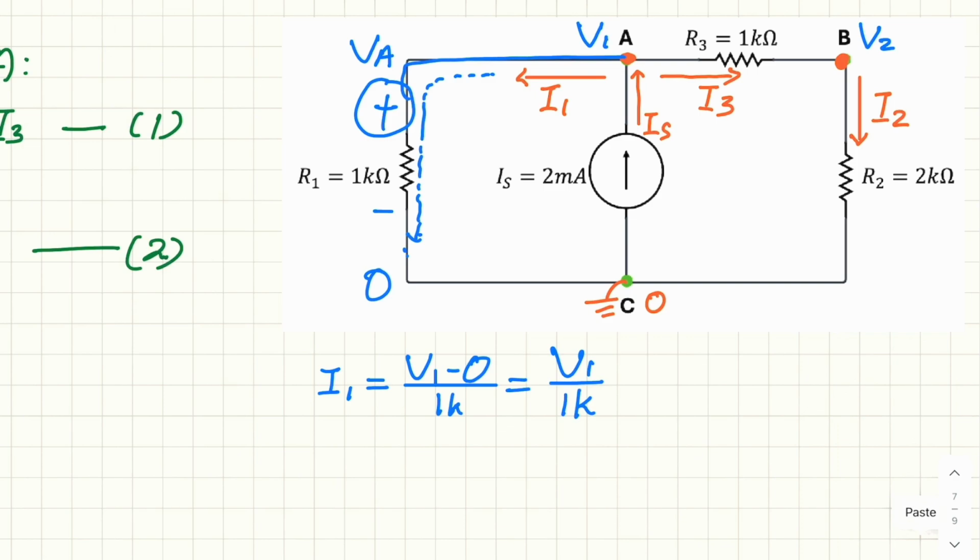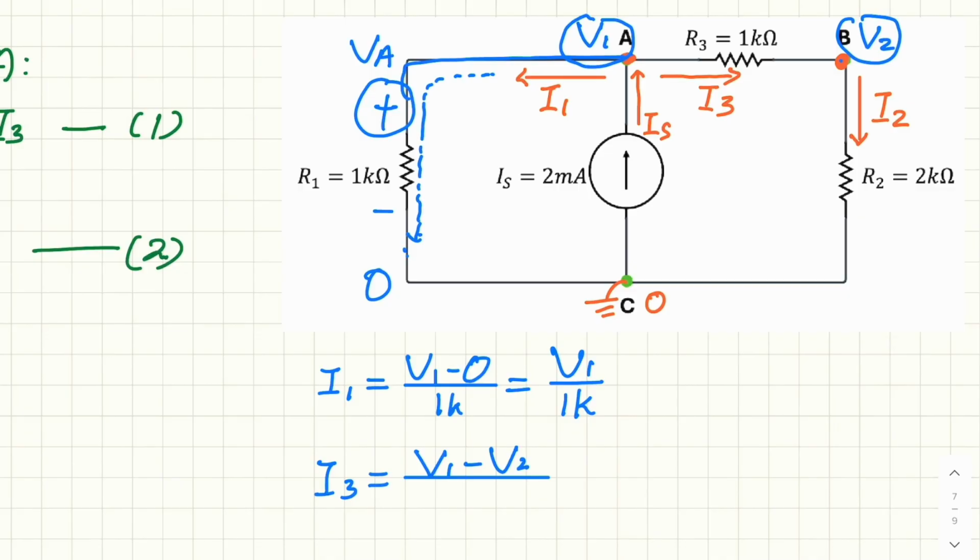I3: V1 is high, V2 is low. Because I3 is from A to B, it means V1 high minus low.